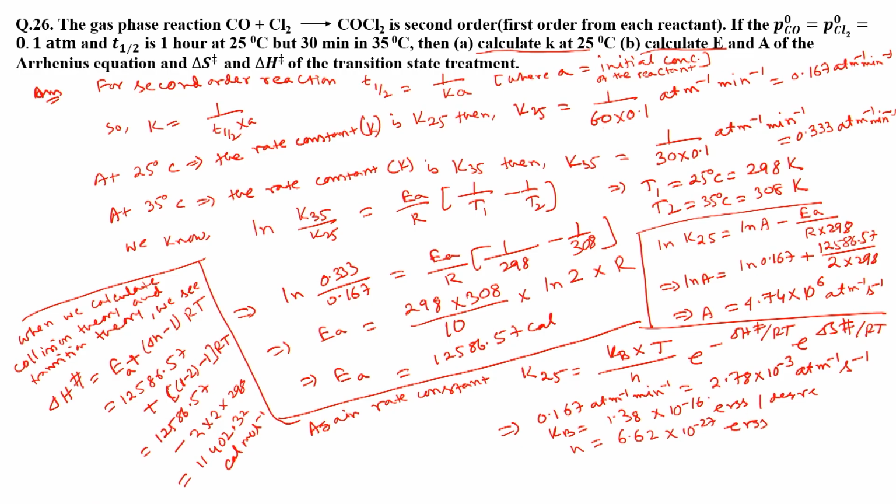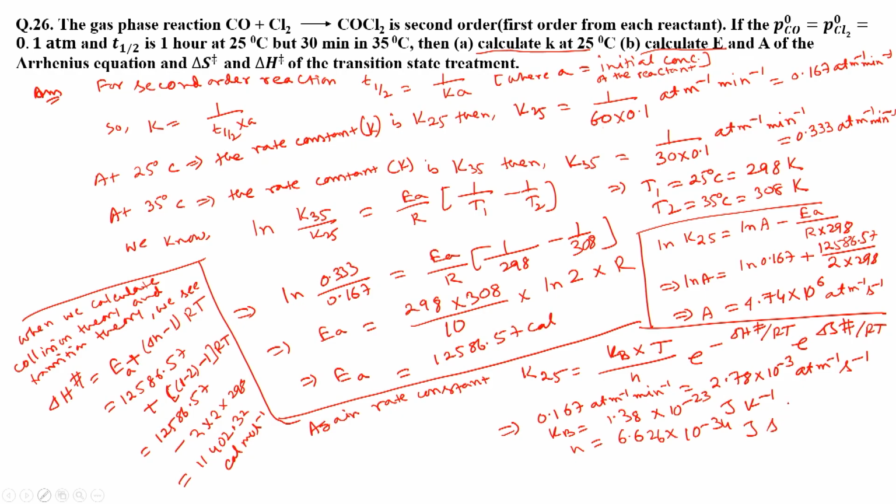So, 6.62 times 10 to the minus 27 in ergs unit. You can use SI units also. So, you can use 1.38 times 10 to the minus 23 in joules per Kelvin, and here you write 6.626 times 10 to the minus 34 joule second.